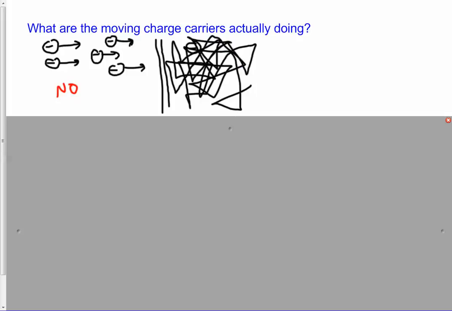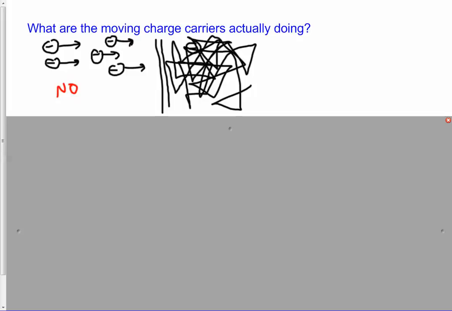We can think back to our chapters on temperature and on thermal internal energy. We pictured atoms in a gas moving around randomly, and more so if the gas was warmer, or same with a liquid. Well, in a conductor, the electrons kind of do the same thing. That's internal energy.